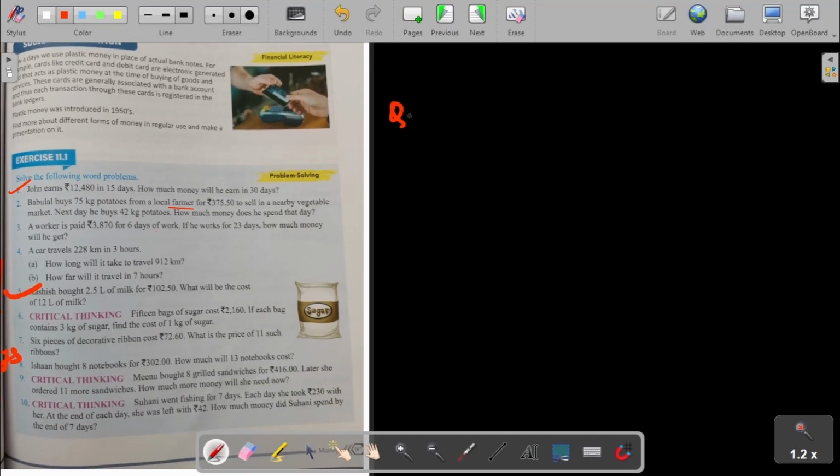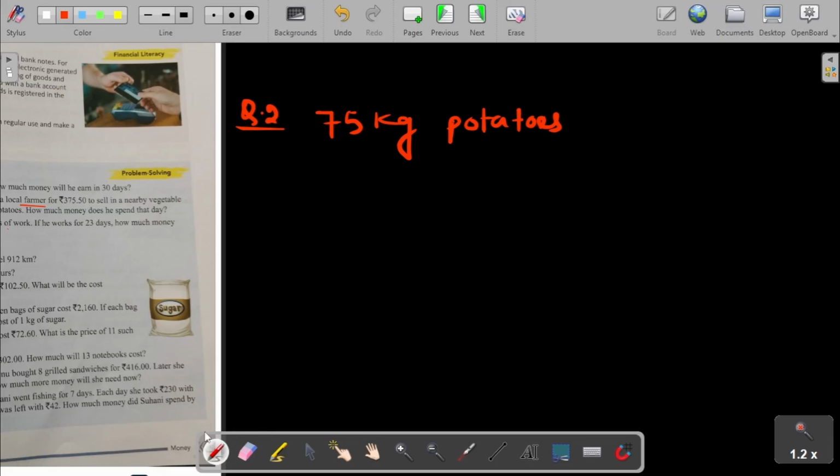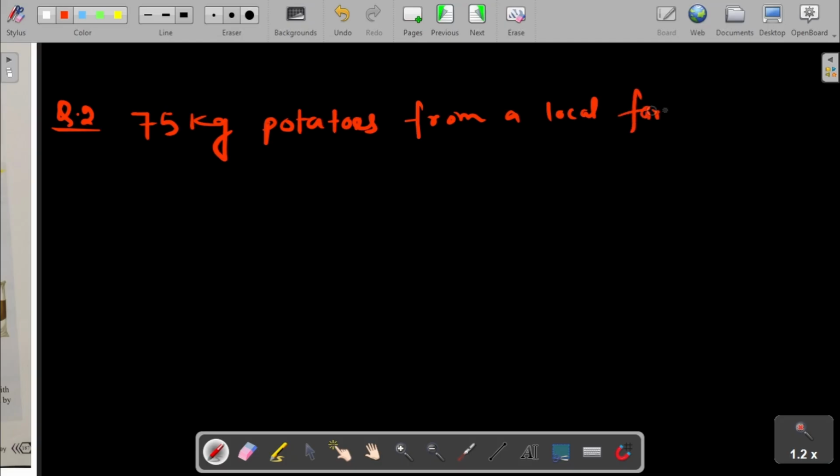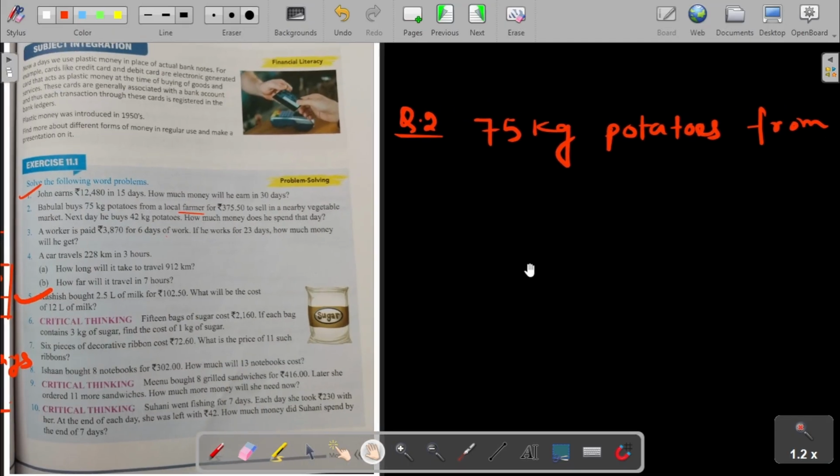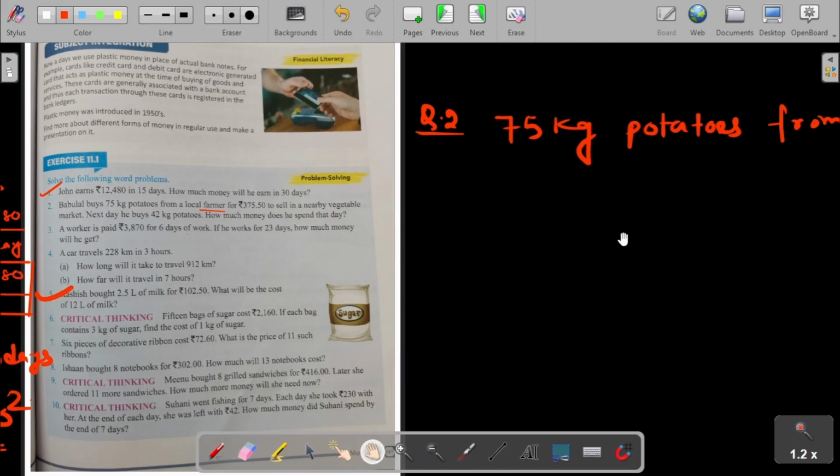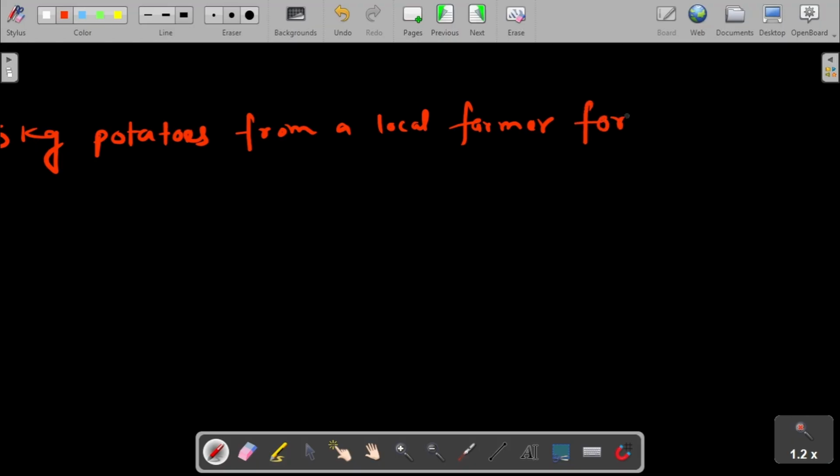So question number 2, Babulal buys 75 kg potatoes from a local farmer for rupees 375.50.